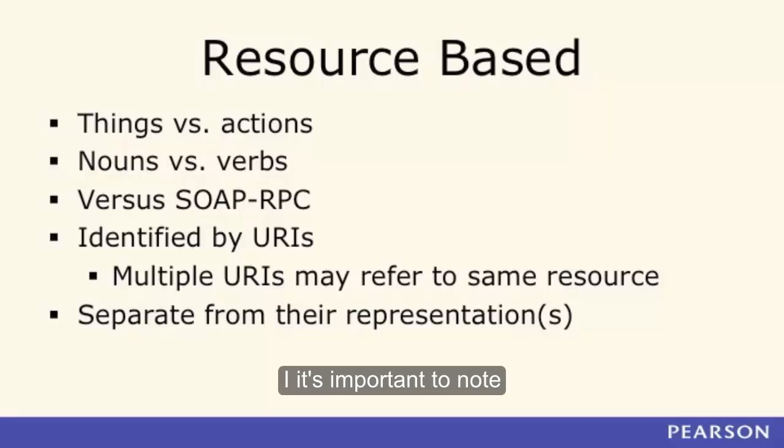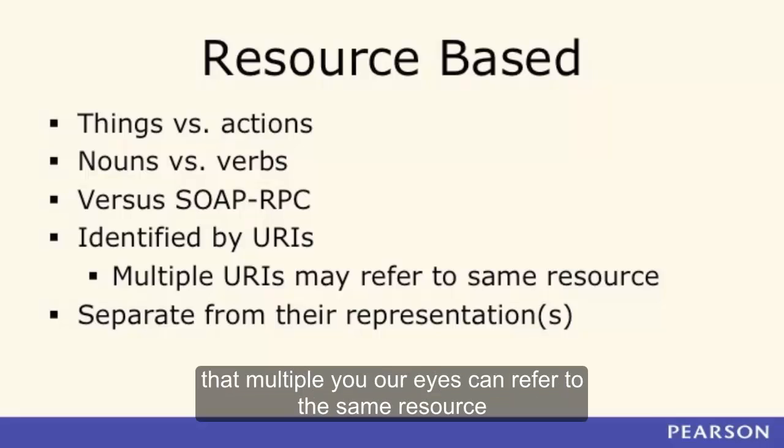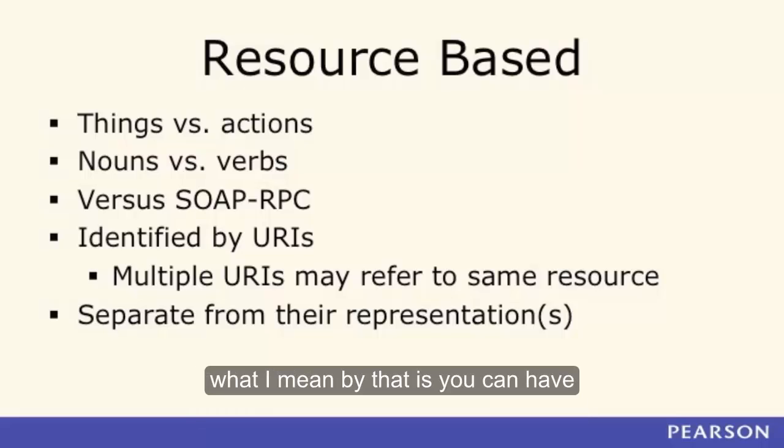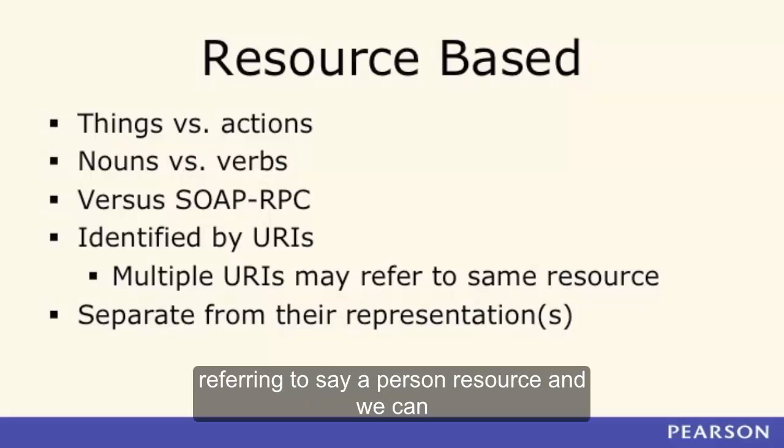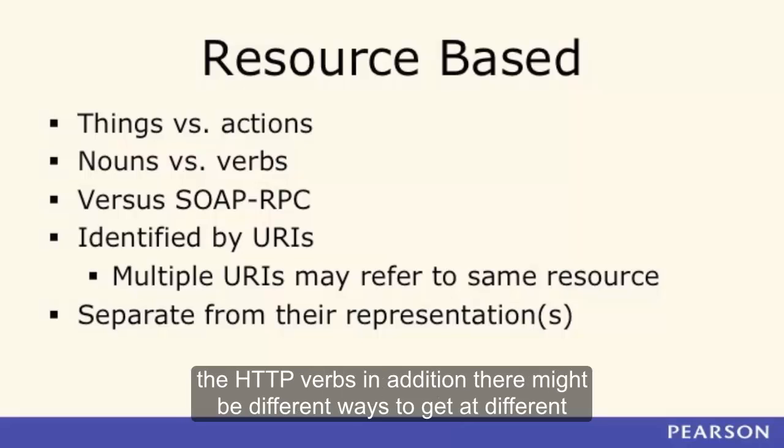It's important to note that multiple URIs can refer to the same resource. And what I mean by that is you can have a URI referring to, say, a person resource, and we can perform multiple operations on that that correspond to the HTTP verbs.